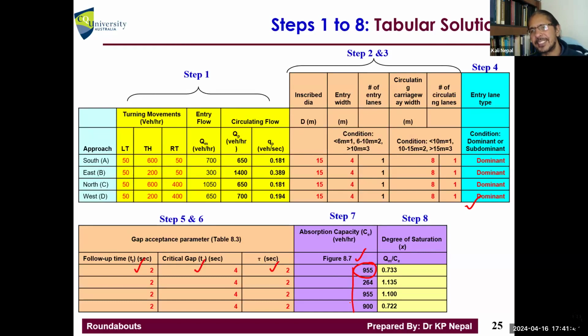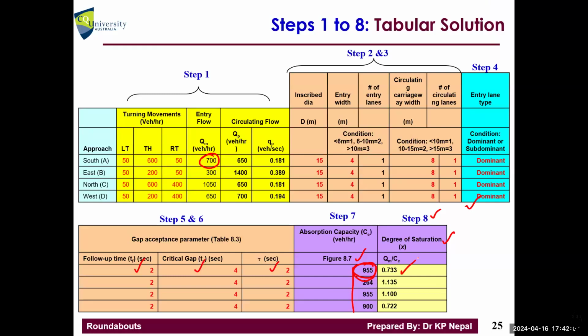These are the capacities. So step 8, degree of saturation would be what? Entry flow. What is entry flow? Here you go. 700 divided by 955. Can you do that for me to check? 700 divided by 955. How much did you get? 0.733. That's it, right?